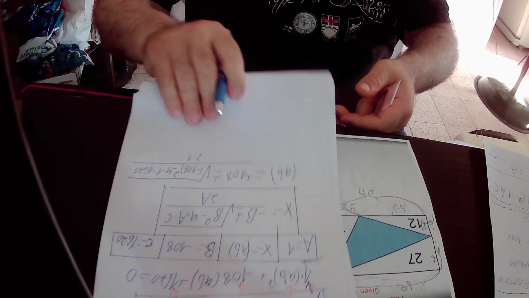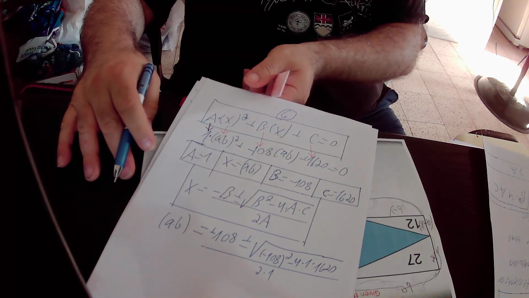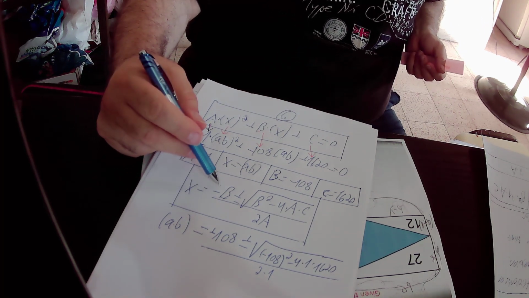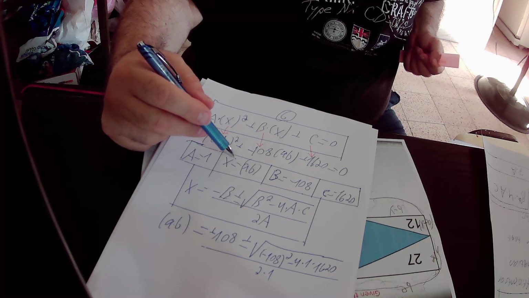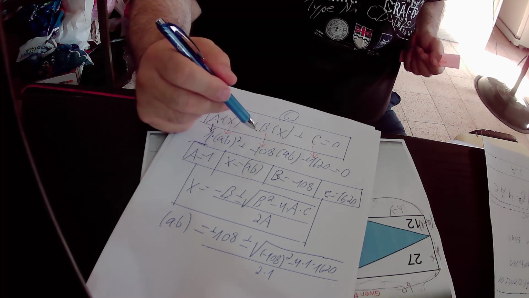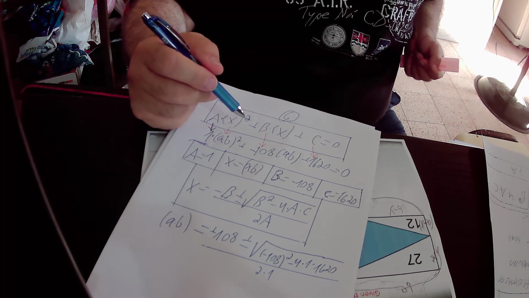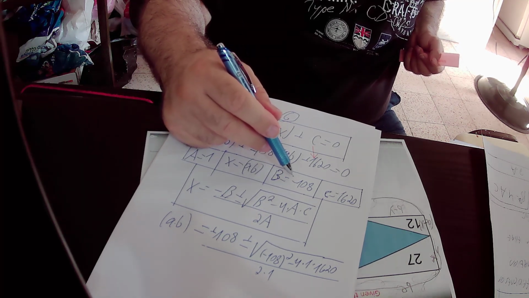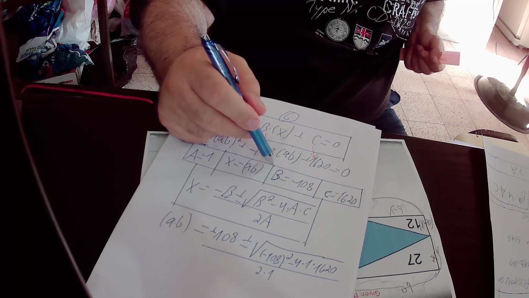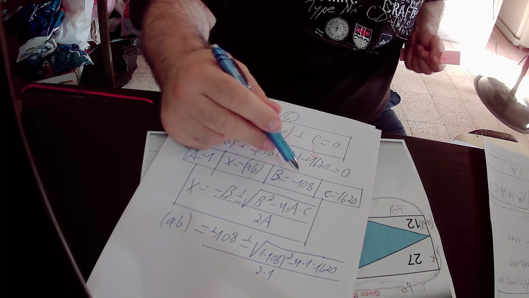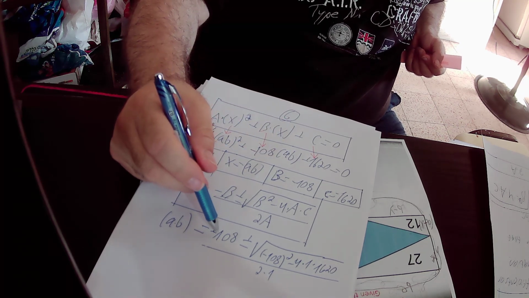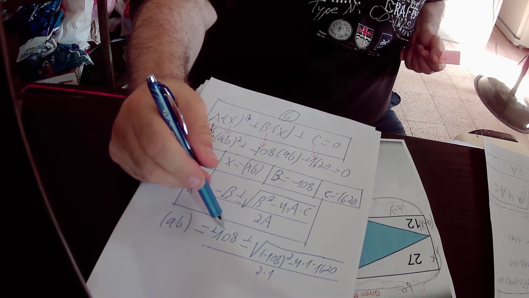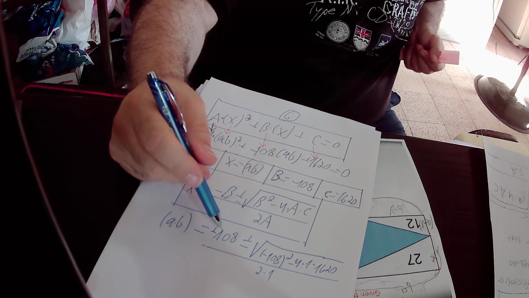Okay, again, x is AB equals minus b, and b itself is negative 108, so minus b is plus 108, because minus times minus is plus.